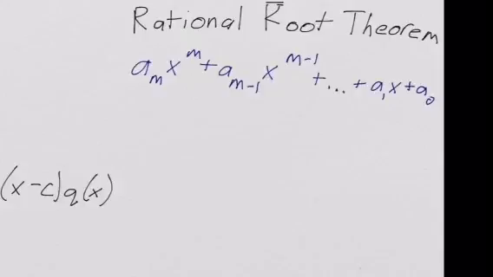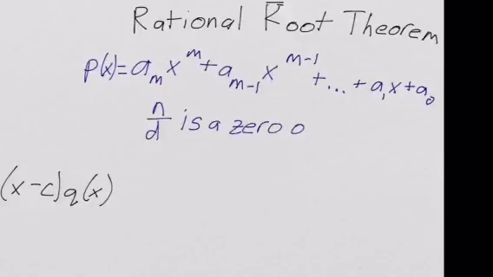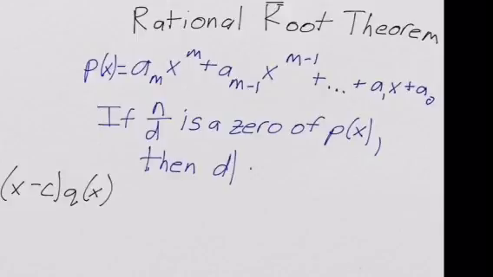The rational root theorem tells us that if n over d is a zero of p of x, then d is a divisor of a sub m, and n is a divisor of a sub 0.